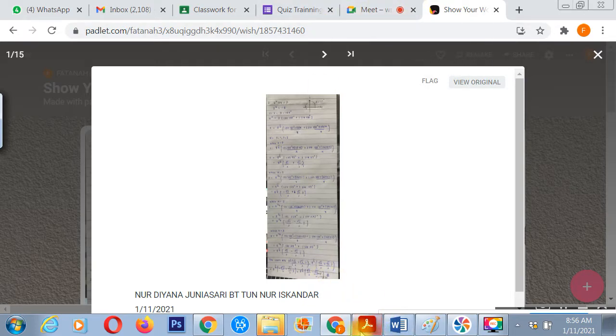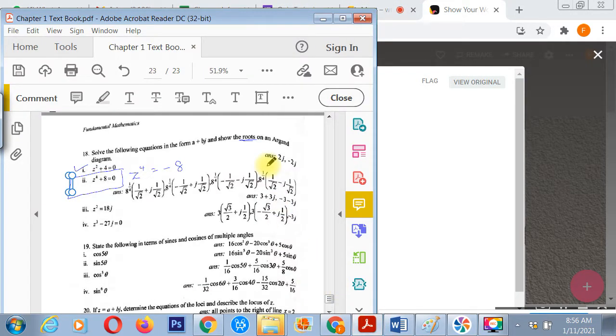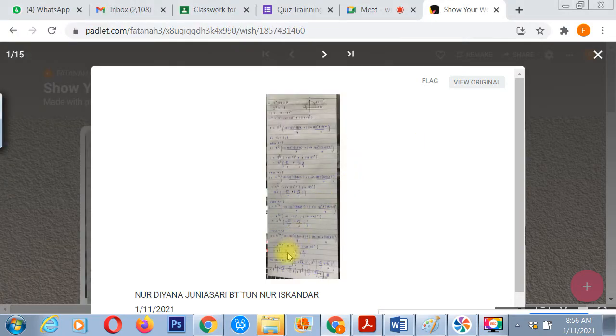Because there is not full mark yet. Because it says show the roots on an Argand diagram. Maksudnya all these roots, you kena plot it on the Argand diagram, in one Argand diagram.